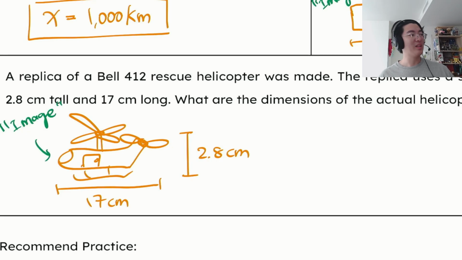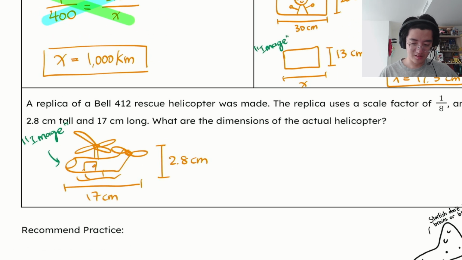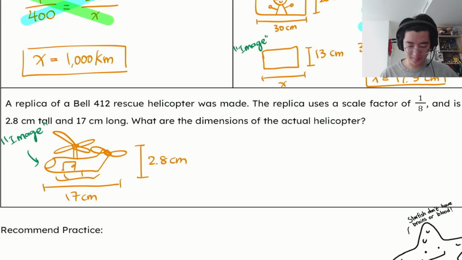Either way, think of it as the actual thing we won't care about, and the thing that's an image or replica or reflection and whatnot. Now we're given a scale factor, and we are asked what the dimensions of the actual helicopter are.